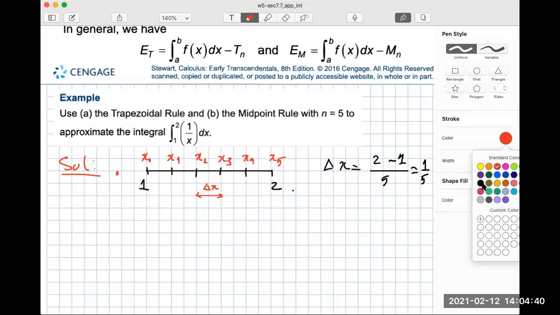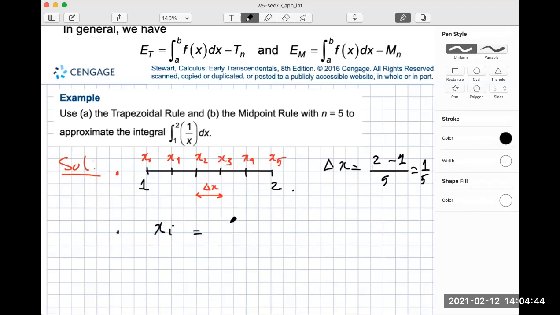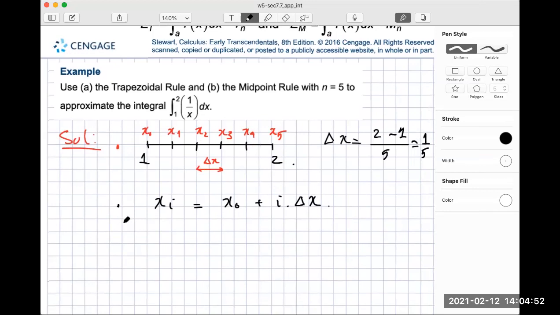And a very useful formula: xi will be x0 plus i times delta x. Therefore, it makes sense that x0 is 1, and x1 will be 1 plus 1/5.